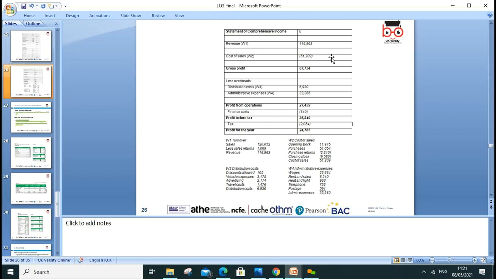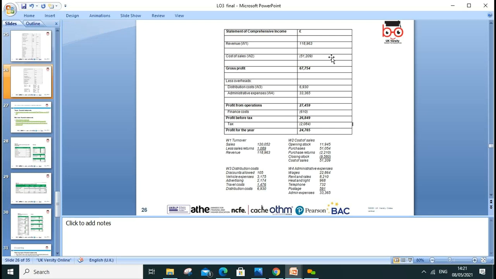If we use the IAS, International Accounting Standard, because IAS has the layout, we use the word revenue instead of sales or turnover. Then the cost of sale, because they do a separate working and just put the cost of sale in the working given underneath.